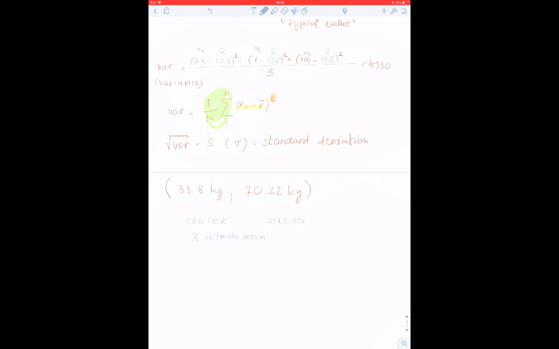For the pumpkins, we used, besides the arithmetic mean, also a standard deviation. Standard deviation is a square root of variance, and variance is mean squared deviation. Deviation means how far away particular measurements are from the center of this data set.